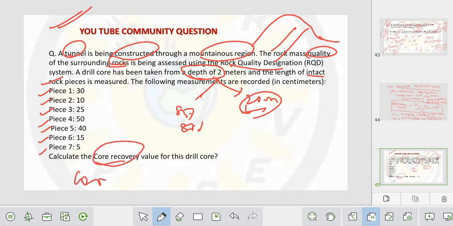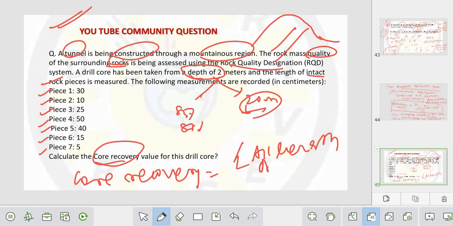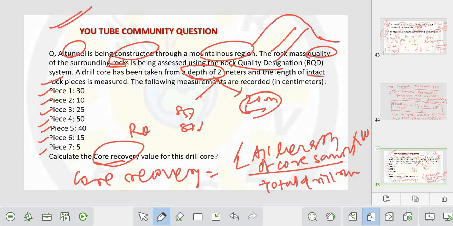ठीक है? अगर आप core recovery value calculate करते हो, तो मैं क्या बताया? You have to take all the length of all the collected core sample, ठीक, by total drill run into 100. और अगर RQD पूछा होगा, so summation of the core length greater than or equal to 10 सेंटीमीटर. अगर RQD पूछा होगा तो 5 सेंटीमीटर का सैंपल नहीं लोगे, है ना.